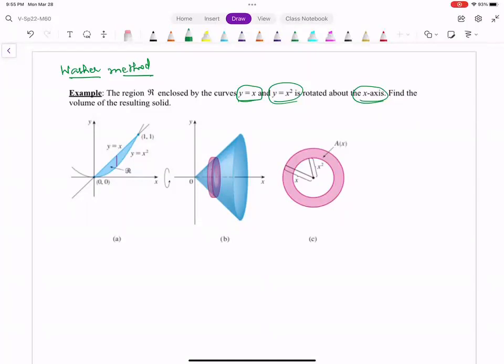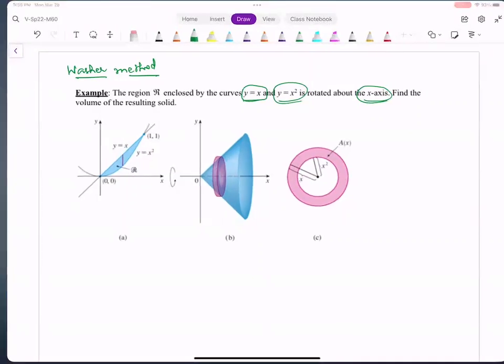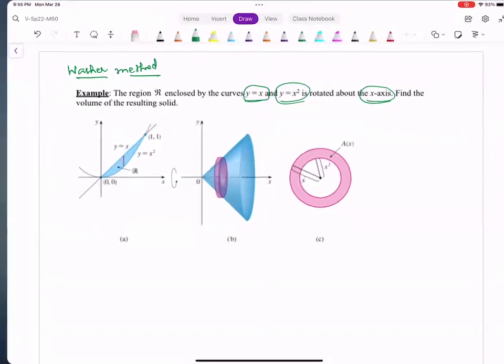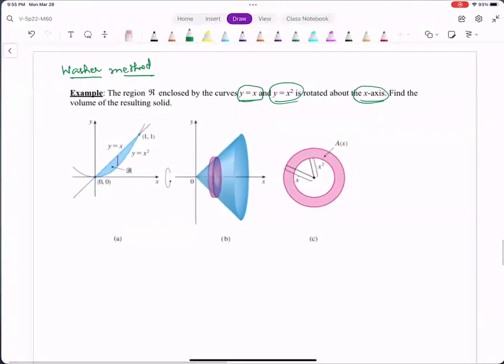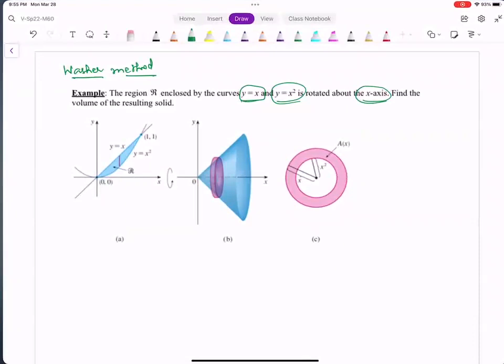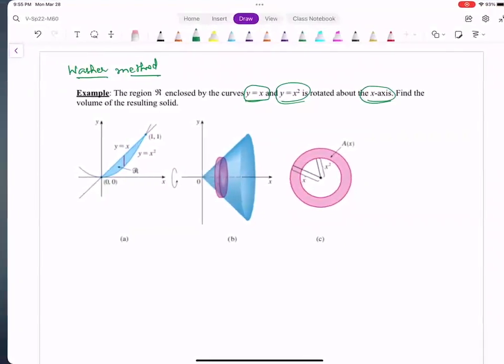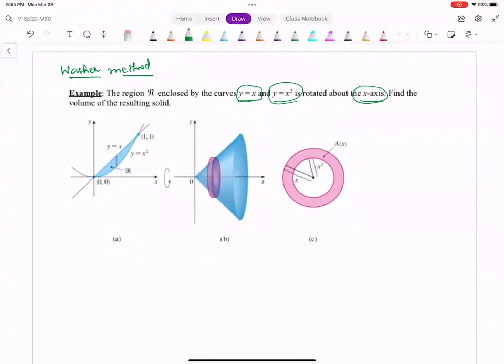So now you see the first curve y equal to x is drawn as a straight line, and then y equal to x squared, which is a parabola. Even though both can be extended further, we are finding this particular region enclosed by these two curves rotated about the x-axis.